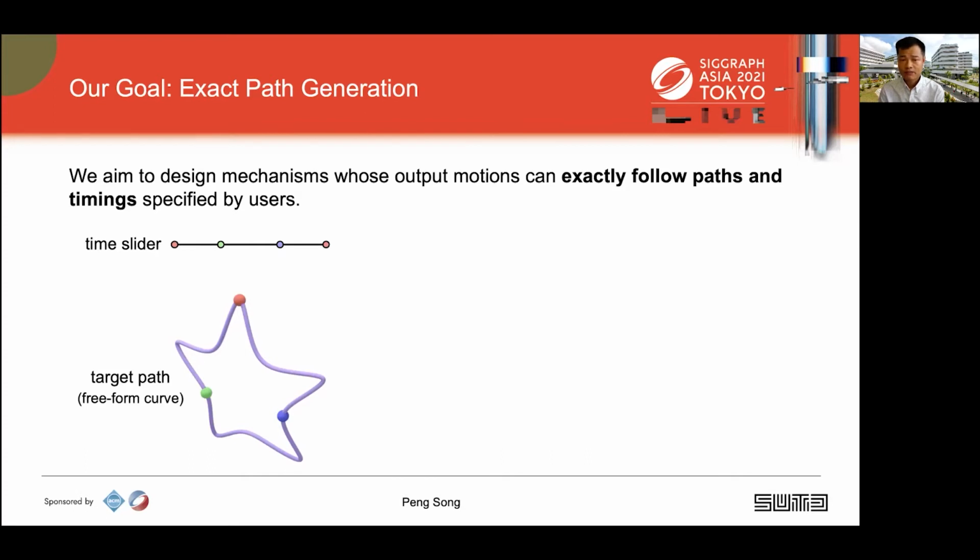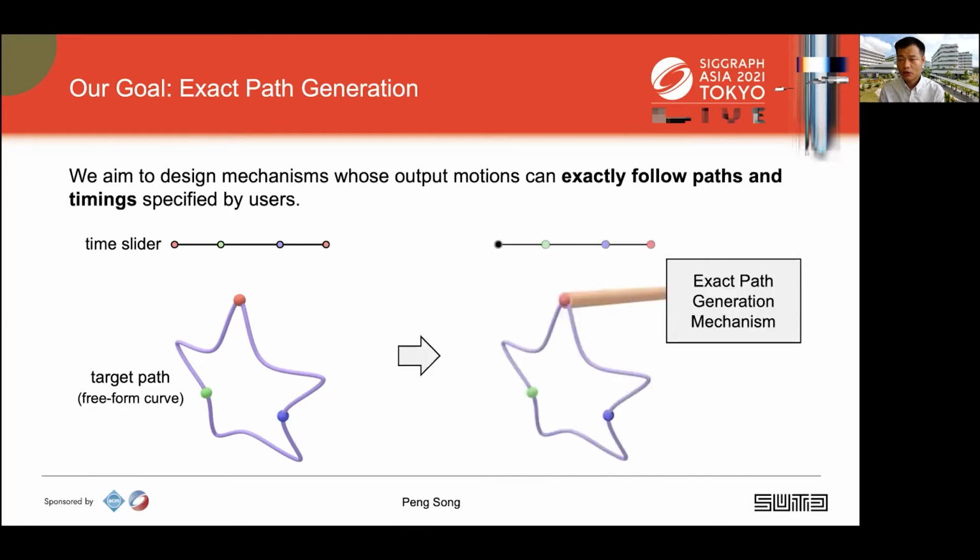Taking the user specified path and the timing as input, our goal is to design a mechanism whose output motion can exactly follow the path and timing. As shown in this example.